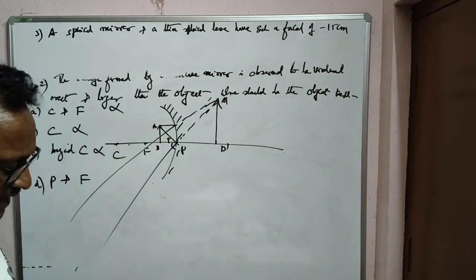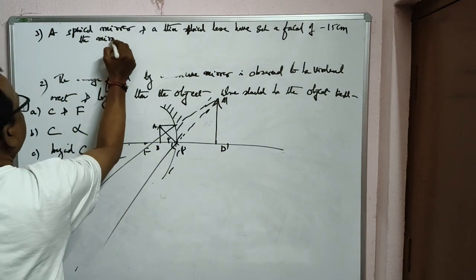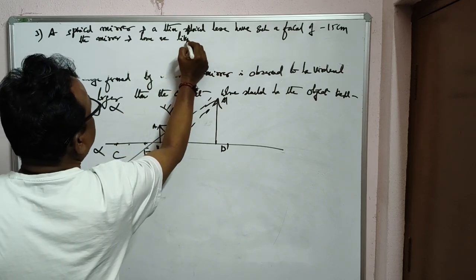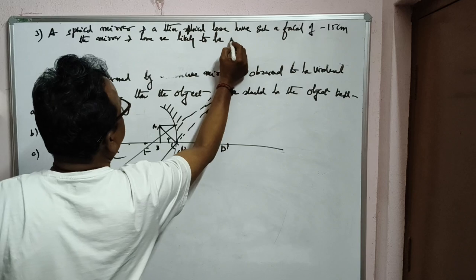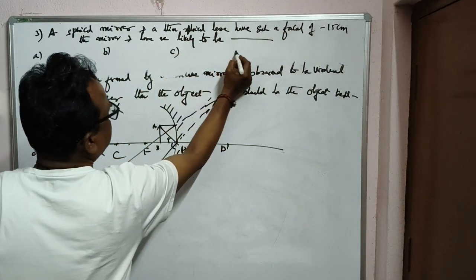The mirror and the lens are likely to be dash. A, B, C, D.